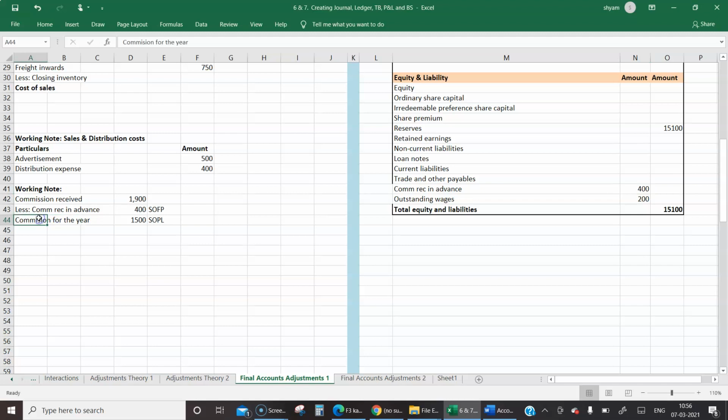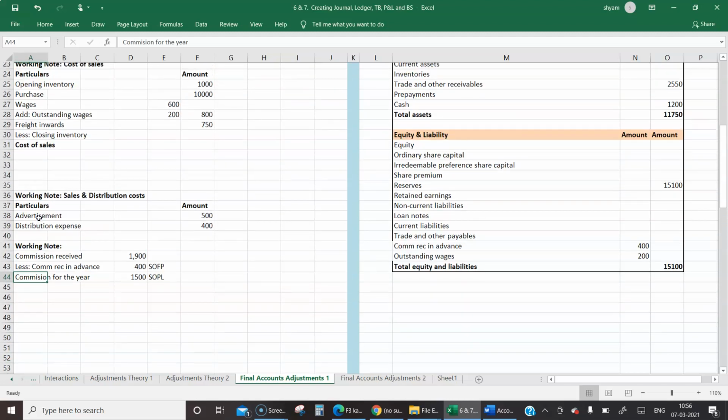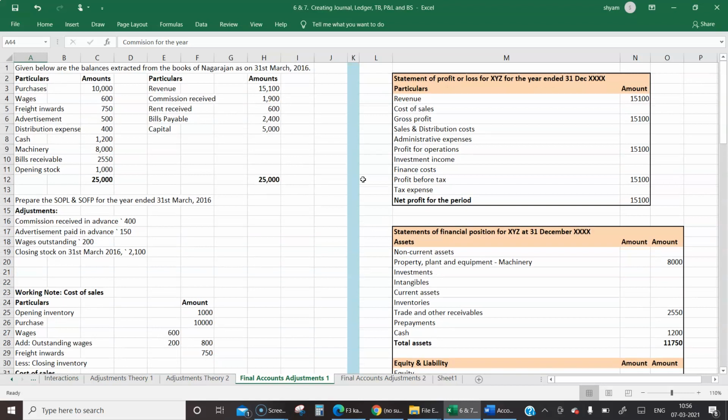And the commission for the year, that amount is an income for the company, so we can put it in the income part of it. So we can put it as commission income.